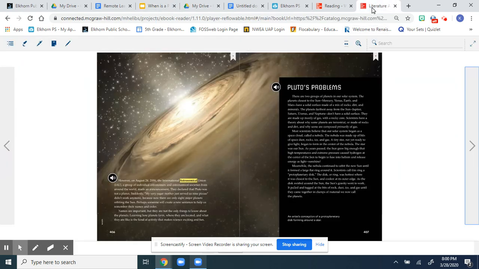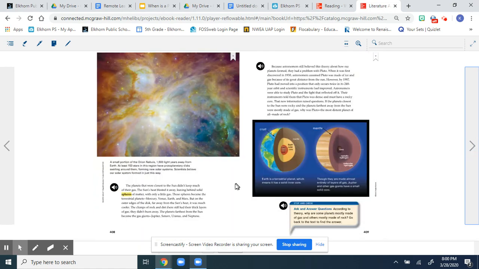All right, let's go ahead and we're going to go to page 408. And let's start at the top, which is the planets. So you can follow along. The planets that were closest to the sun didn't keep much of their gas. The sun's heat blasted it away, leaving behind solid spheres of matter with only a little gas.